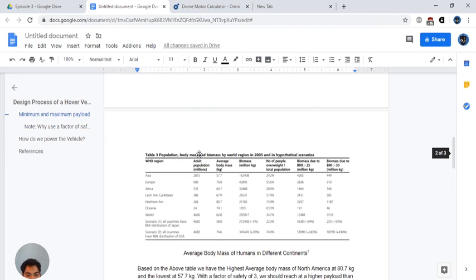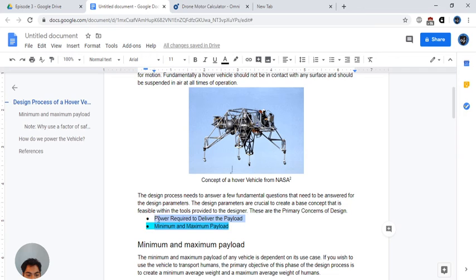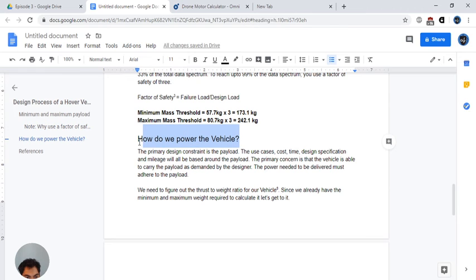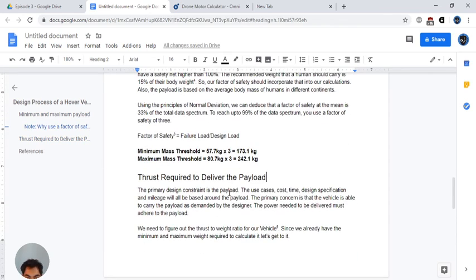Remember that. So we can use this to do something else in the next video. We're going to do the use case, cost, time, design, specification, and mileage based on that.